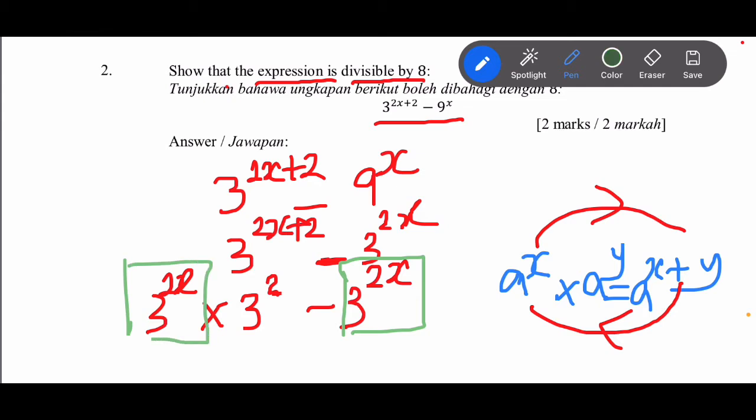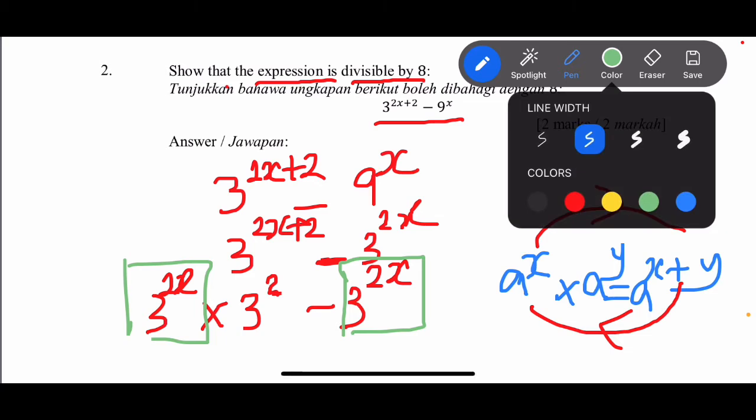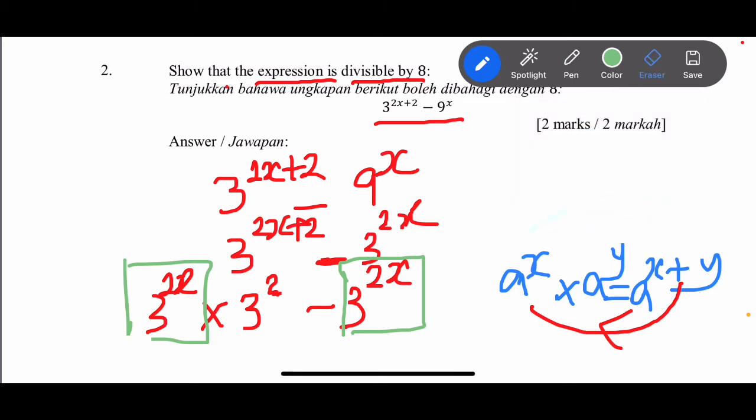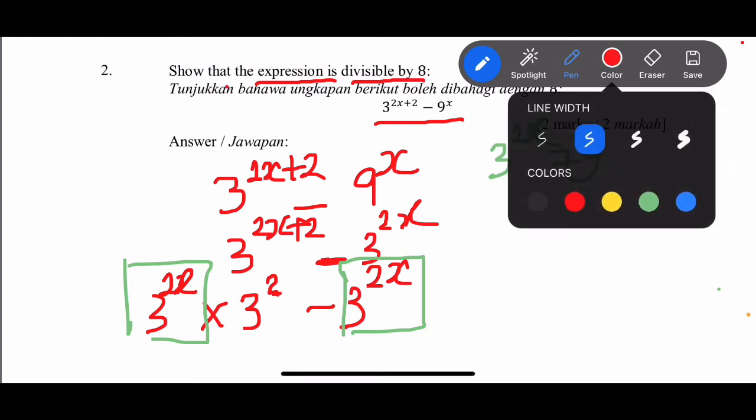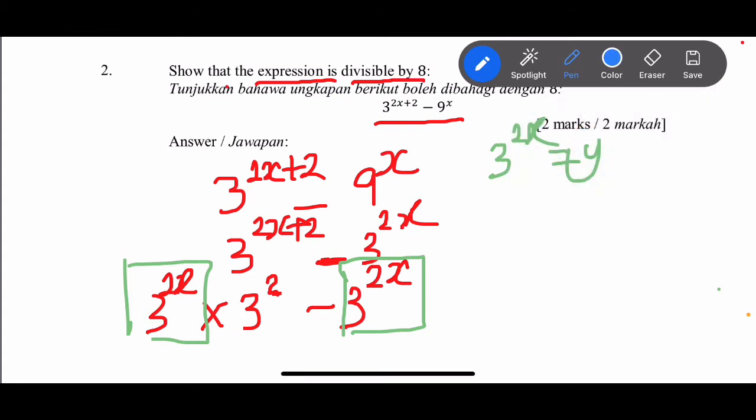Okay, so we are going to factorize 3 power 2x. Alright, so after you factorize, you can join the two terms. Now I'm going to let 3 power 2x equal to one subject, y, so that it is easier for you to factorize.